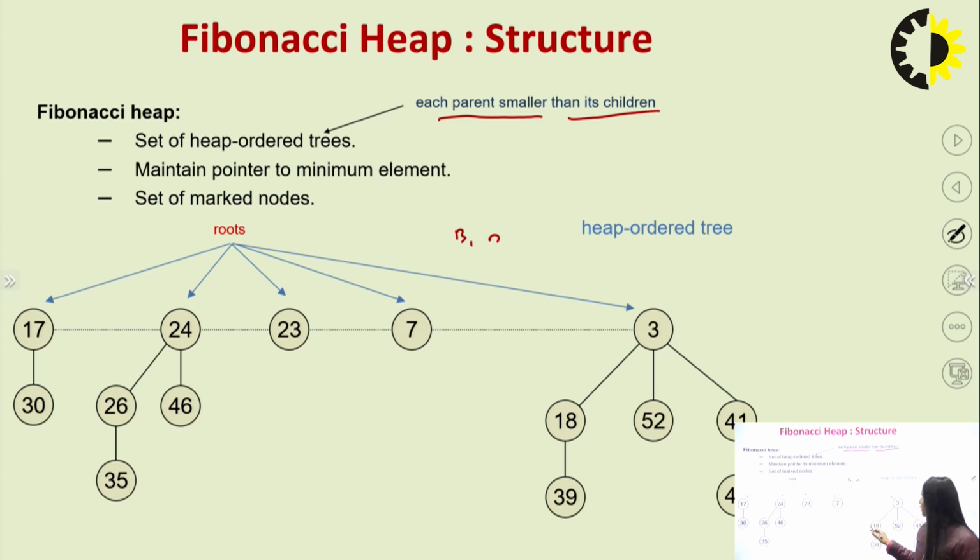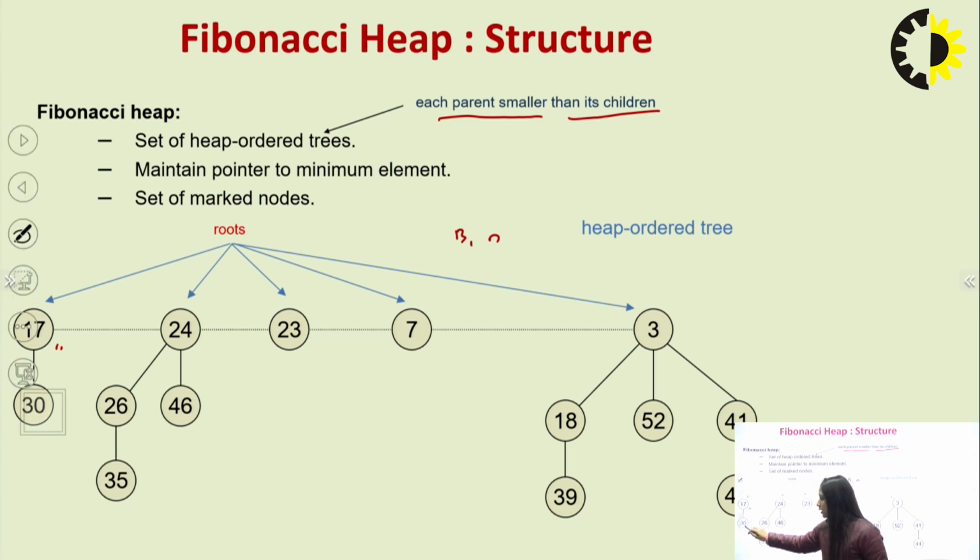You can see here these are the root nodes. 17 has a child 30, which is greater than its parent. Again, 35 is greater than its parent node, and 26 is greater than its parent node. This is the way we organize this Fibonacci heap.